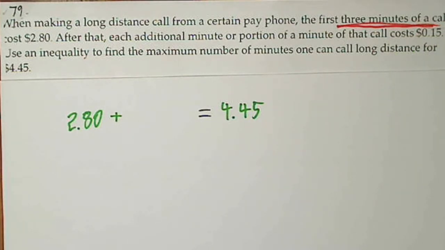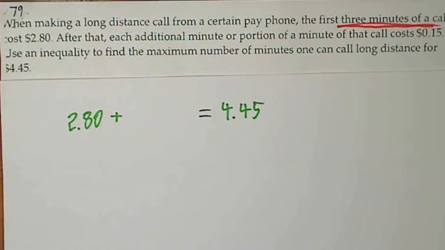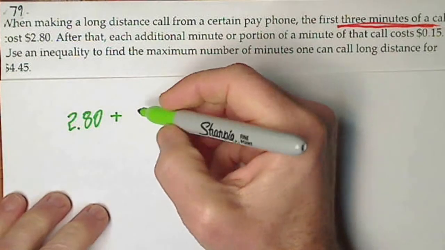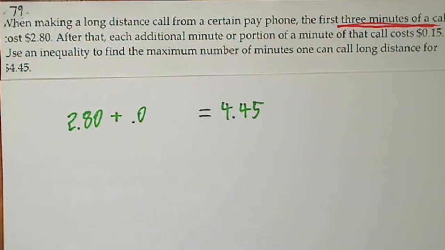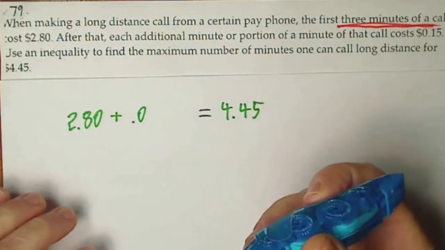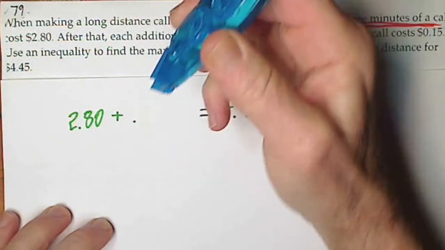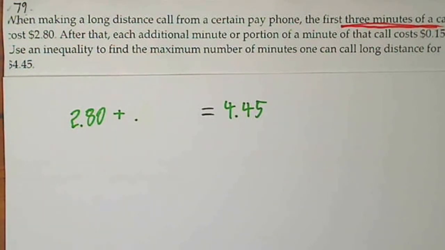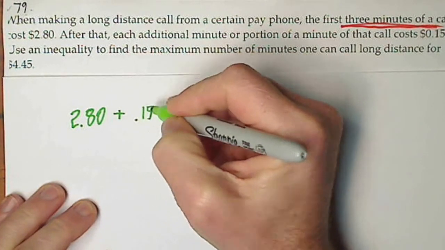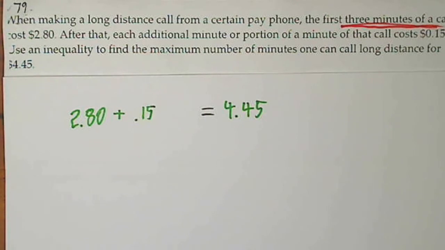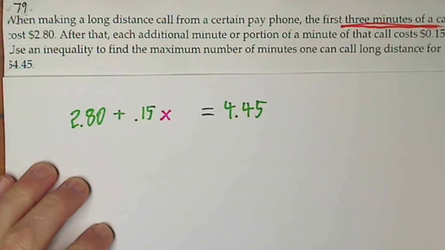So it'll be 15 cents per minute. So for the minutes, I'm going to use X.